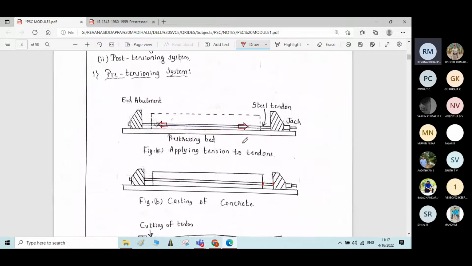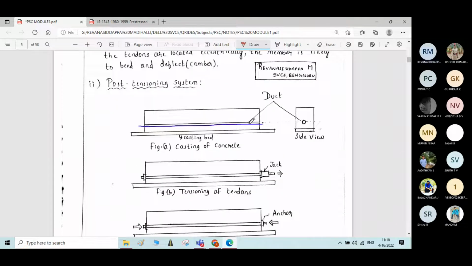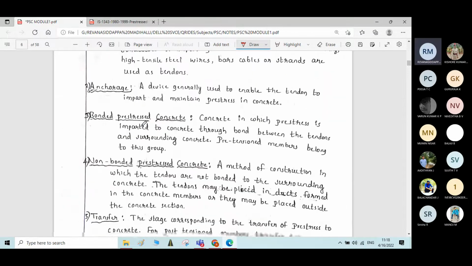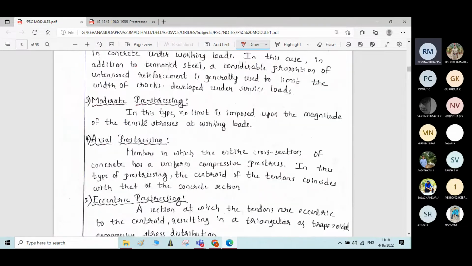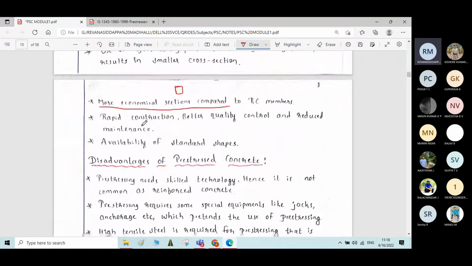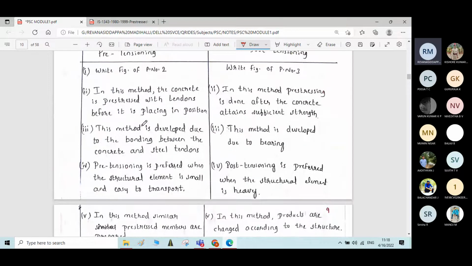Here you can see there is direct contact between concrete and the tendons. That is why the pre-stressing takes place by the bonding between the tendon and the concrete. In case of post-tensioning, the pre-stressing takes place by properly anchoring the tendons at both the edges. That is also one of the differences we can observe between pre-tensioning and post-tensioning.